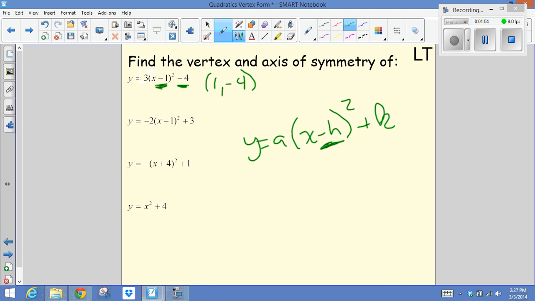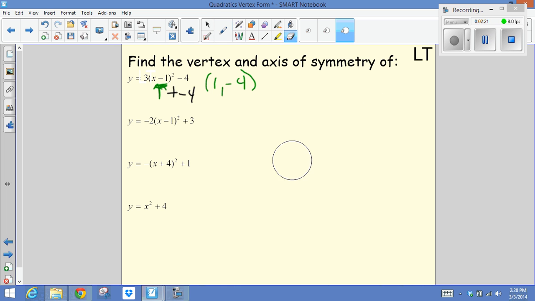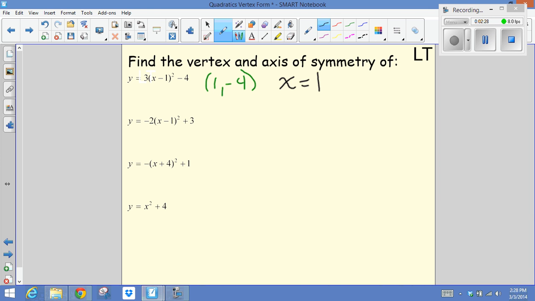So that negative sign is right there, which means it's not part of my h. But this is a plus sign, and I don't have a plus sign there. So in order to write that in a form so that it has a plus sign, I would have to write plus -4, which is why my k is -4. So my vertex is (1, -4), and my axis of symmetry then is x equals 1.